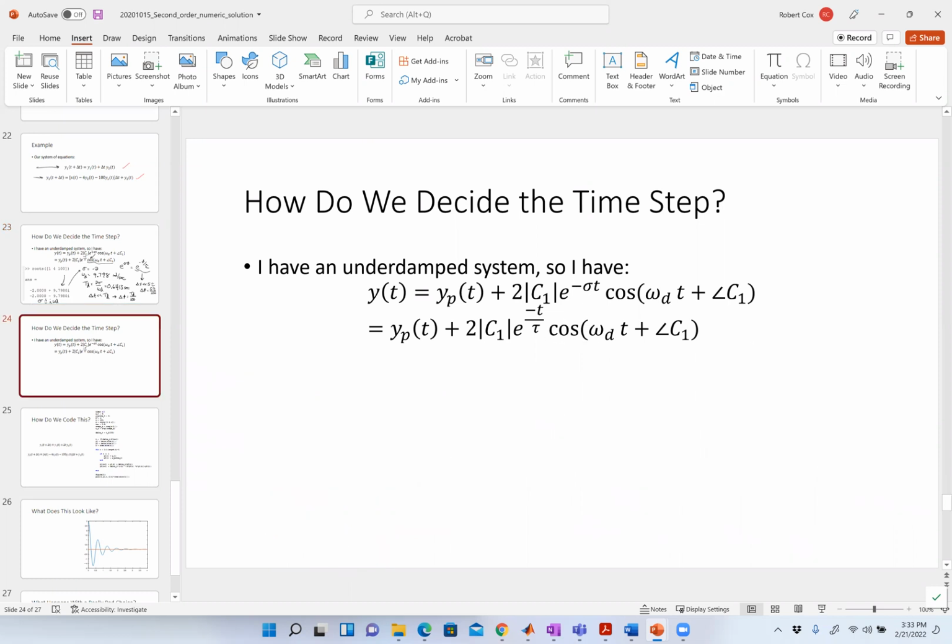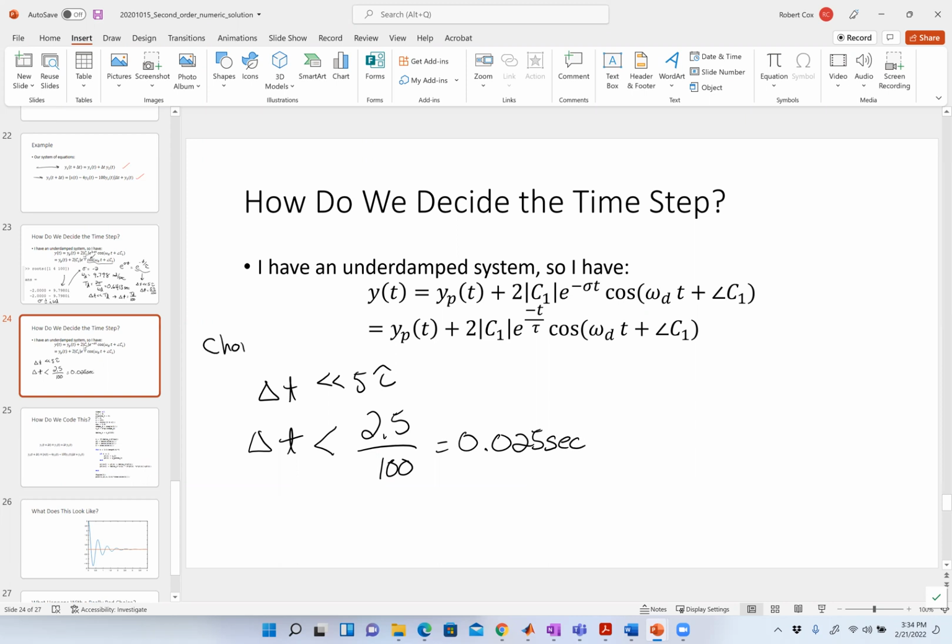So if I go through the math on this one in particular, for the delta t much, much less than 5 tau, I'm going to get the delta t should be less than 2.5 divided by 100, or 0.025 seconds. This would be what I called last time choice 1.